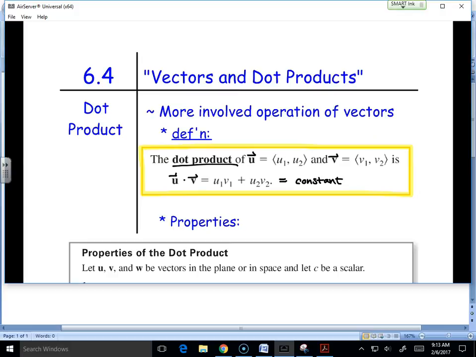Maybe a different headed one, a different pointed one, a different length, but still a vector, not anymore. When you multiply 2 vectors together, you get a constant, which in physics we would call a scalar. Dimensionless, another way of saying it, it does not have direction. It is not a vector. The result is not a vector.